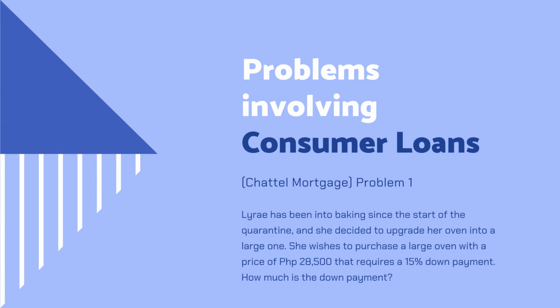For problem number 1, Lyra has been into baking since the start of the quarantine, and she decided to upgrade her oven into a large one. She wishes to purchase a large oven with a price of 28,500 pesos that requires a 15% down payment. How much is the down payment?